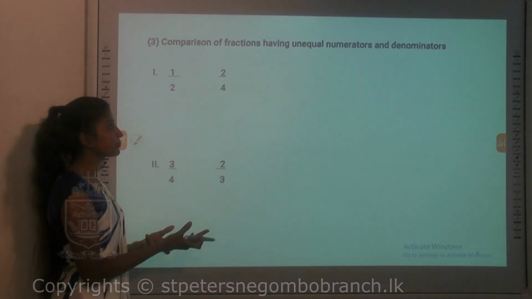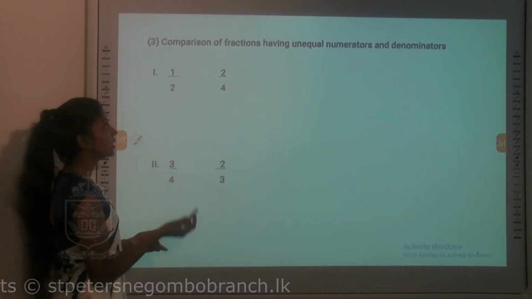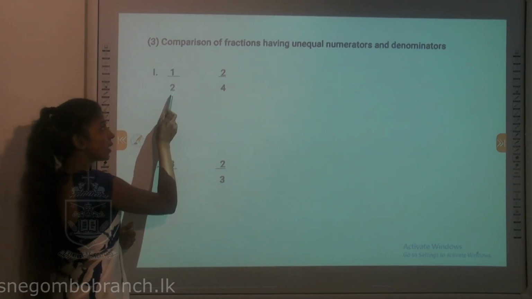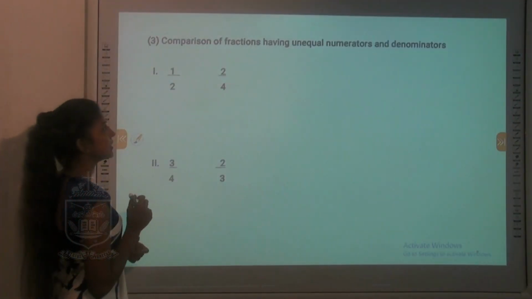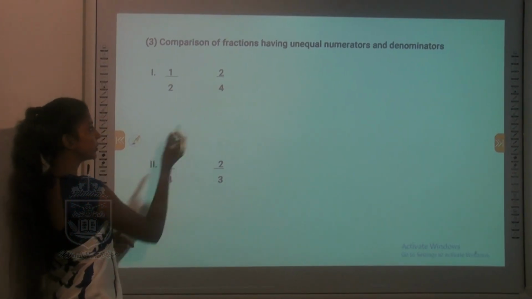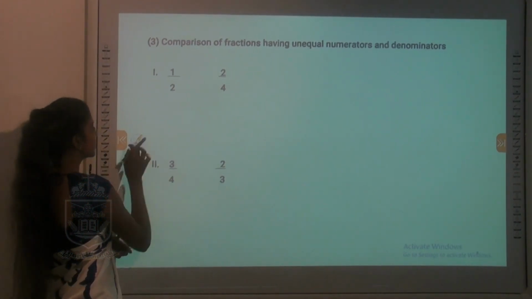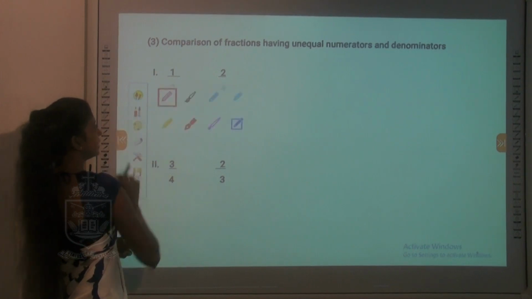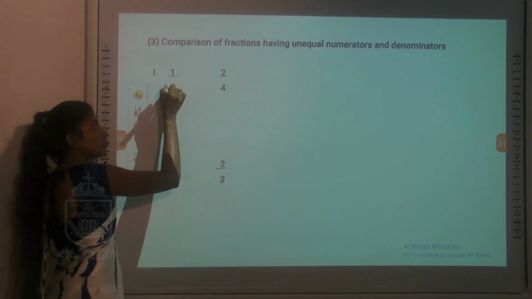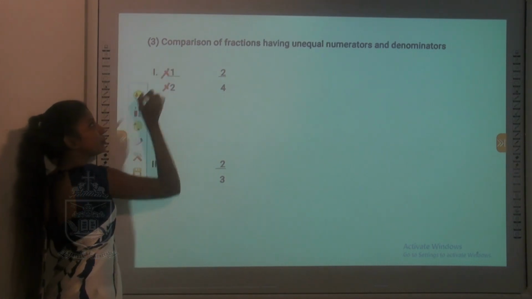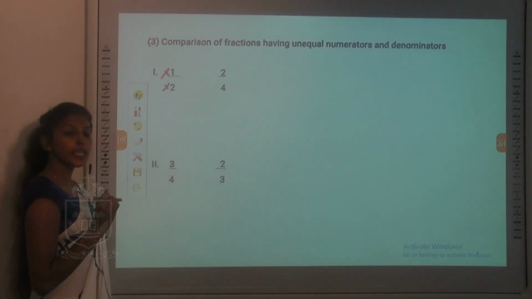That is what we did. How can we make them equal? It's easy for us to convert this number 2 into number 4. How can we convert? I'm going to convert it like this. As I told, when you are finding equivalent fractions, you have to multiply both the numerator and denominator by the same number.